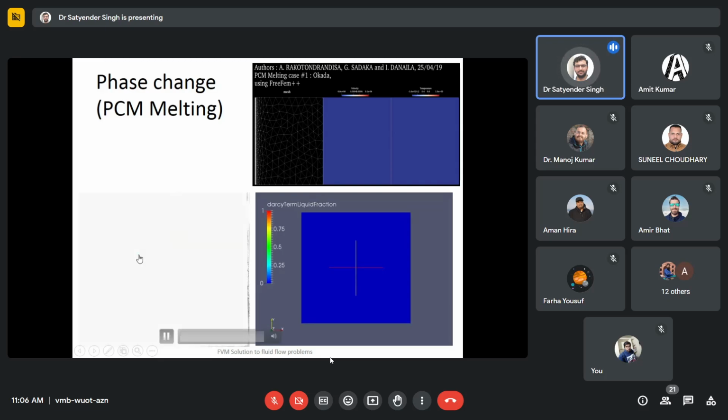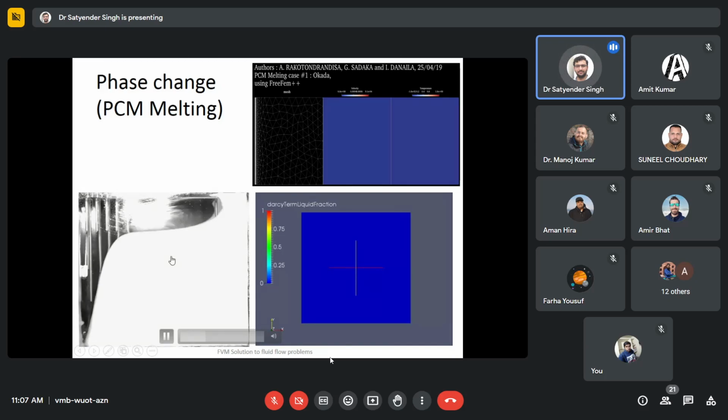So I'm presenting you one experimental observation where on the left wall a uniform heat source has been used, and a phase change material is melting inside an enclosure where all the walls are insulated except this left wall. You can see the PCM is melting continuously.